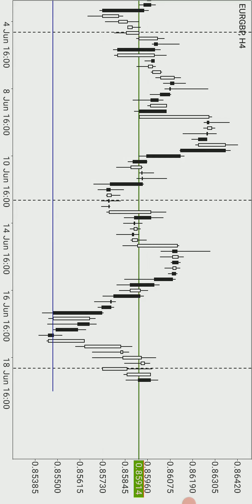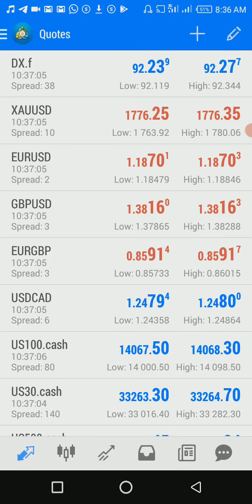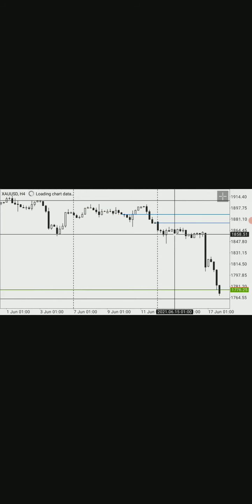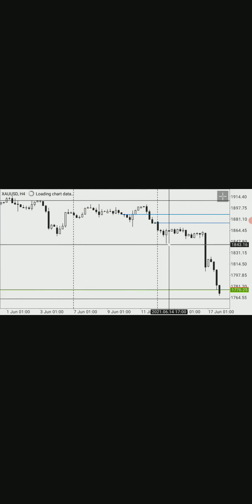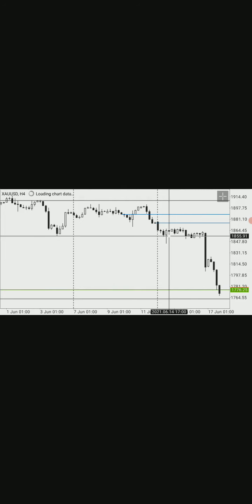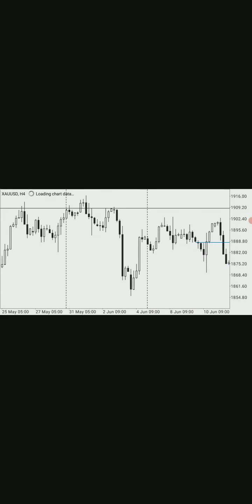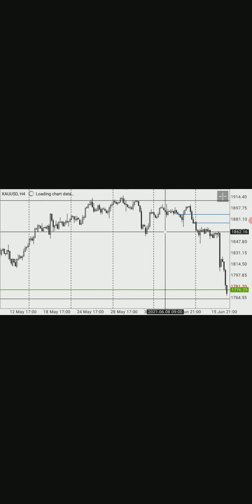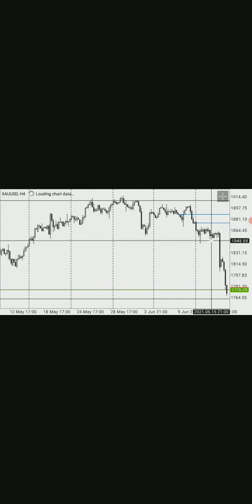And then we talked about gold, which usually follows the Euro USD and GBP USD, so they usually go in the same direction. The analysis I did was for the market to open and take out this low, and then this low, but the market actually opened, came there, and then consolidated.